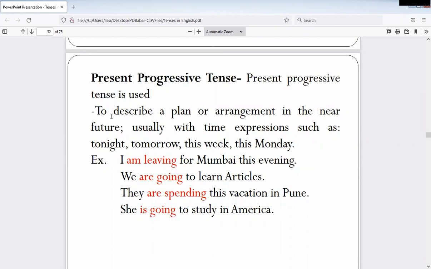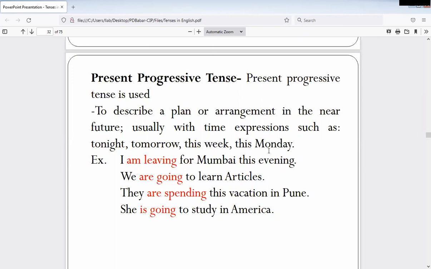The first condition is to describe a plan or arrangement in the near future, usually with time expressions such as tonight, tomorrow, this week, this Monday. We use the present progressive tense.